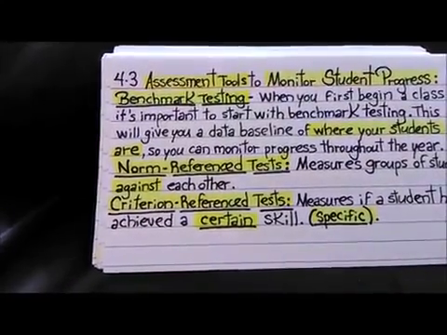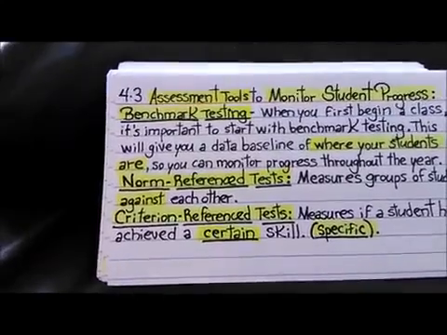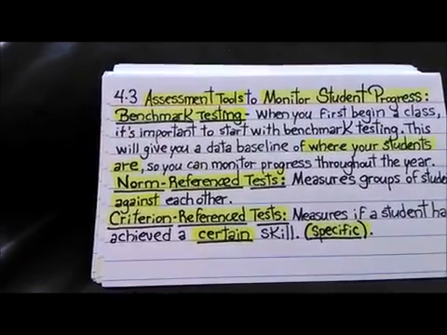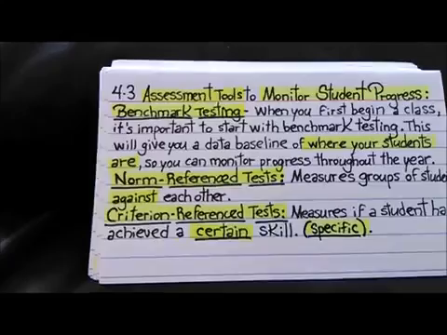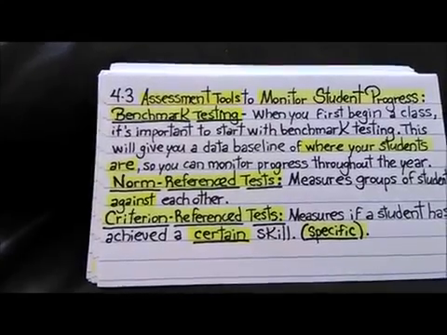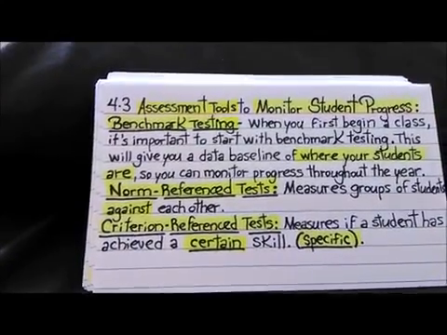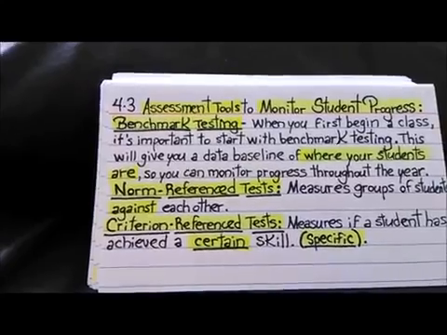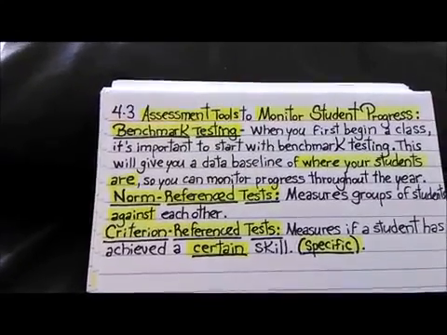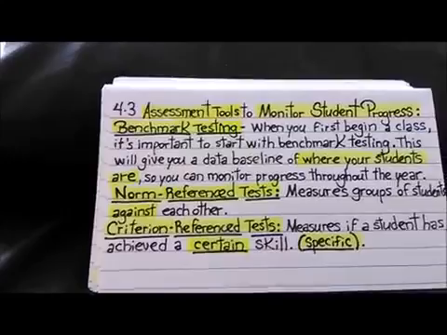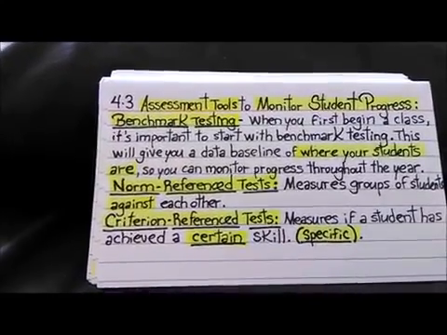Assessment tools to monitor student progress. Okay, we have benchmark testing. When you first begin a class, it's important to start with benchmark testing. This will give you a data baseline of where your students are so you can monitor progress throughout the year.